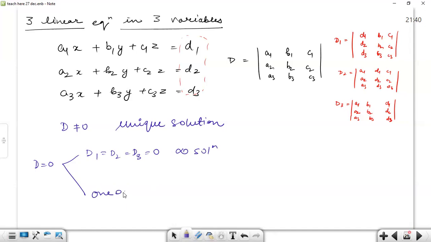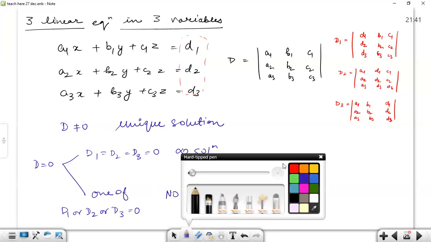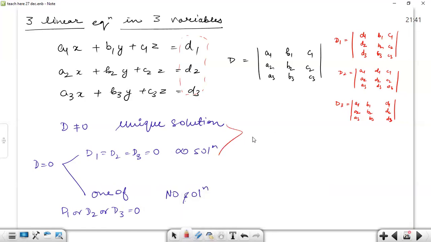If one of D1 or D2 or D3 is non-zero, then there will be no solution. Okay. So in the upper two cases, when there are solutions, the system will be considered consistent, otherwise an inconsistent system.